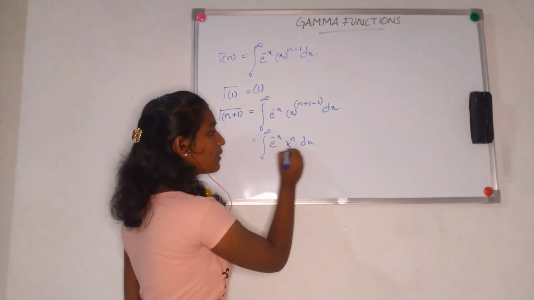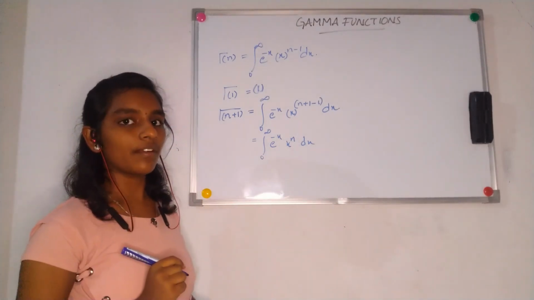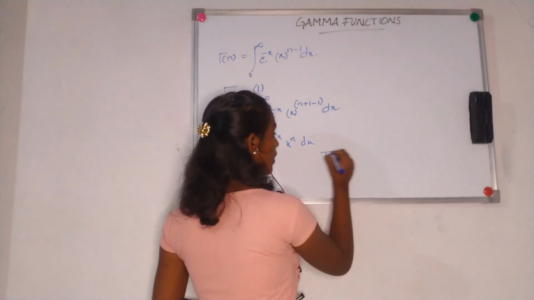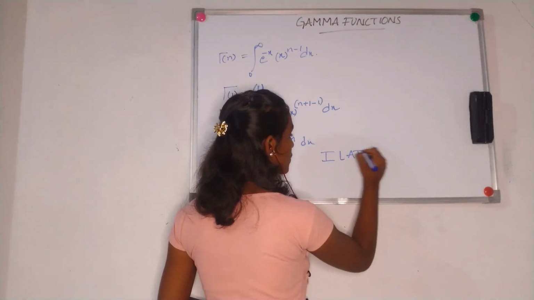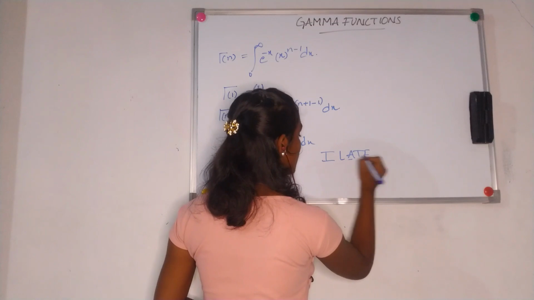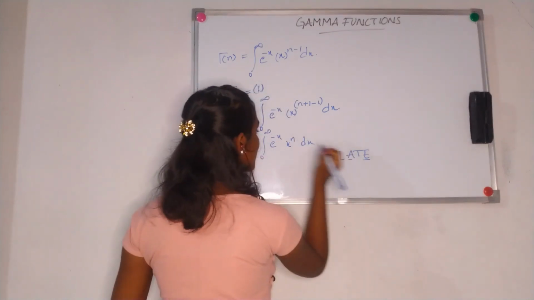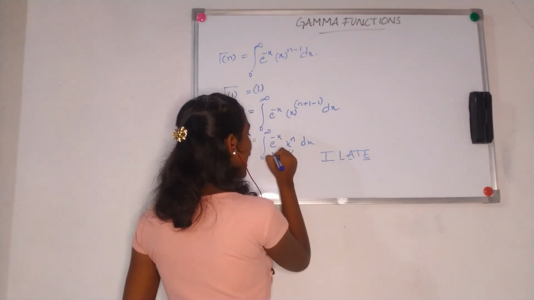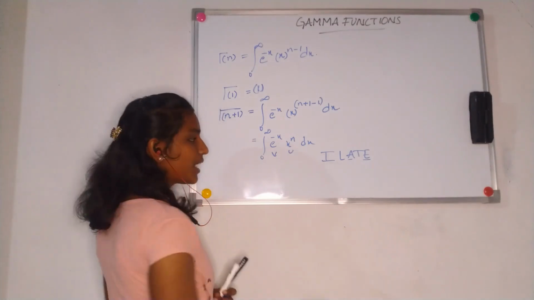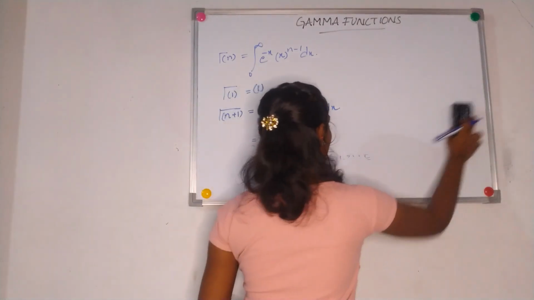Now how do you solve this? You will use the UV method. In the UV method, what do you do first? You use ILATE, algebraic and exponential, so first I take x power n as u and e power minus x as v. Now what will I get?